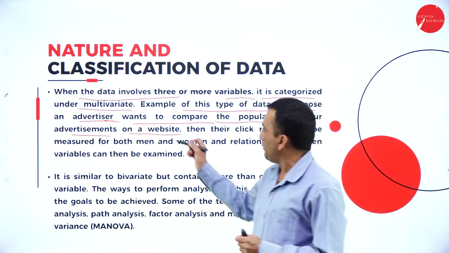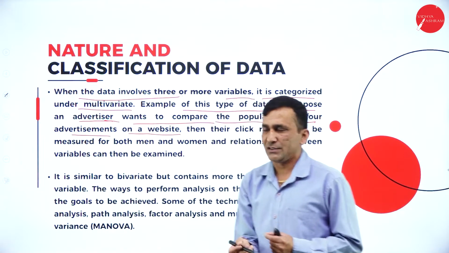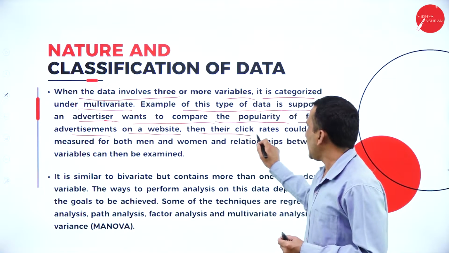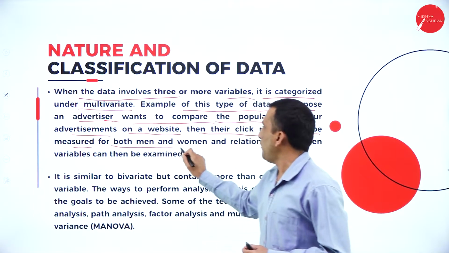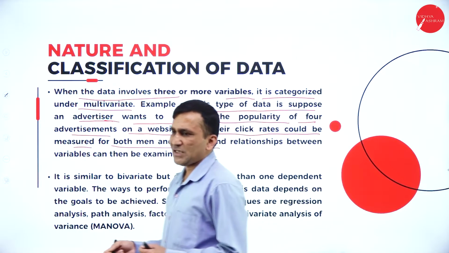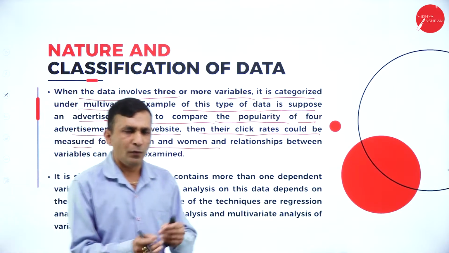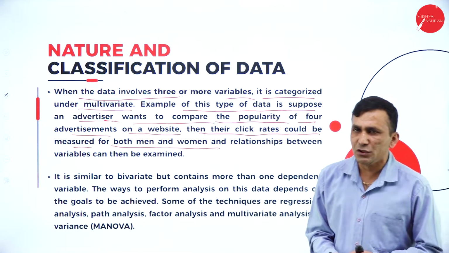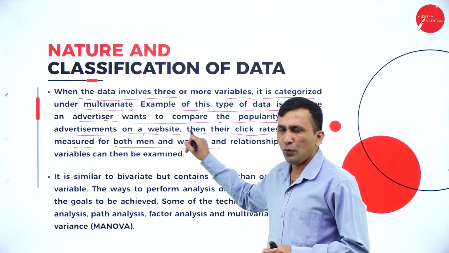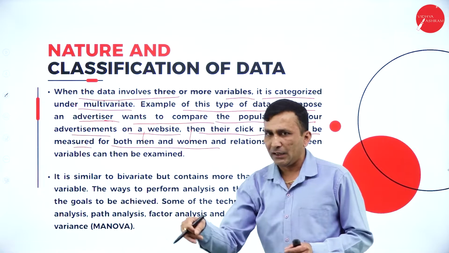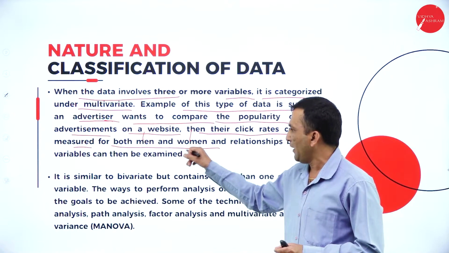See, when we are comparing the advertisements, their click rate could be measured for both men and women. When a website is giving open links, open communication between the consumers coming under the category of men as well as women, we can see how many men click, how many women click.